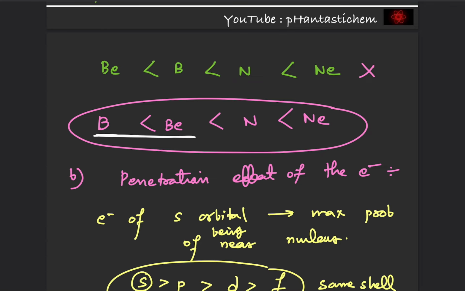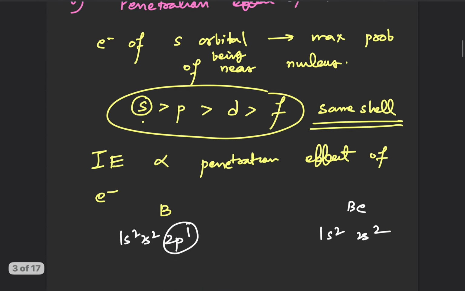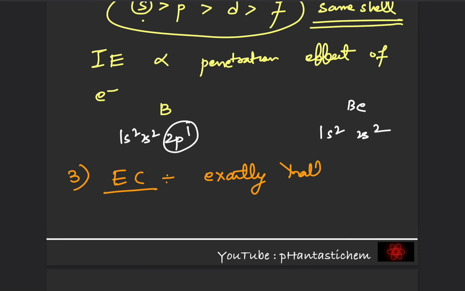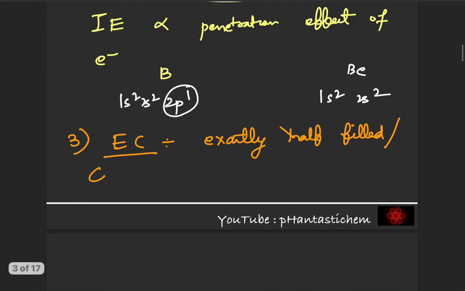Okay, and there is one more factor, which is the third factor. The third factor is electronic configuration. If an atom contains exactly half filled or completely filled orbitals, these types of arrangements provide extra stability, we know that.